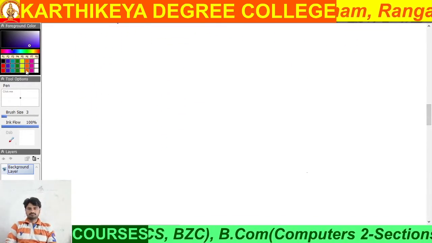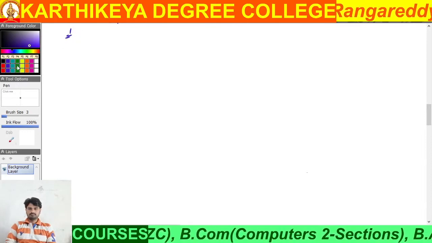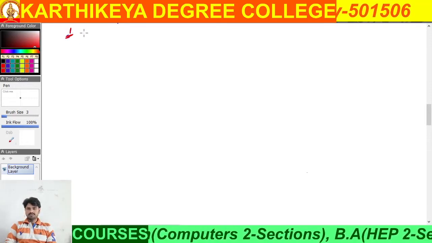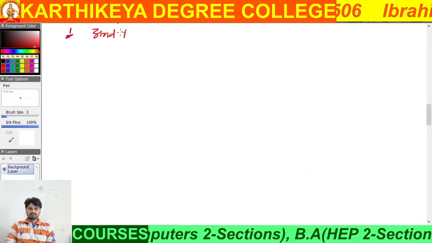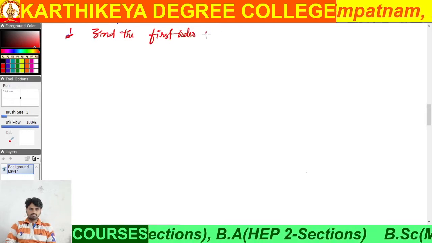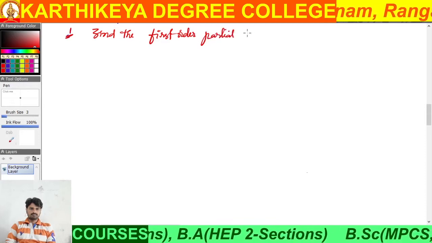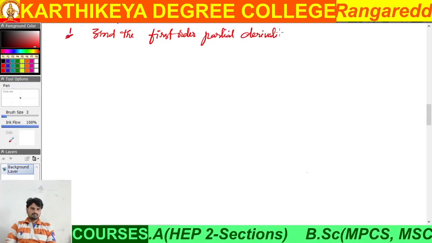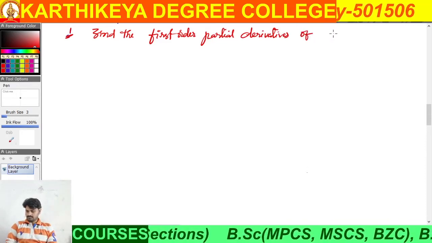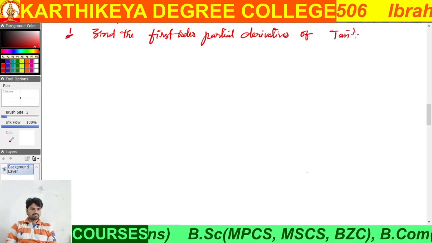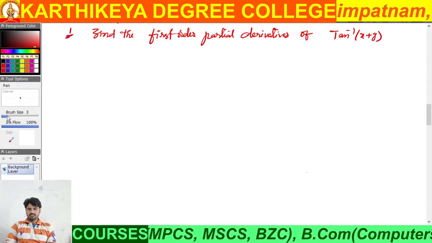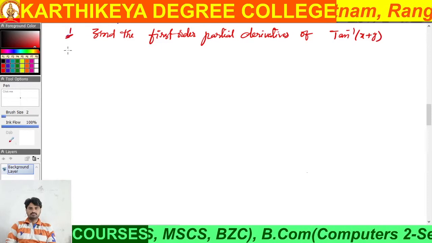First problem: find the first order partial derivatives of tan inverse of x plus y. Okay, this is the question we have been given.